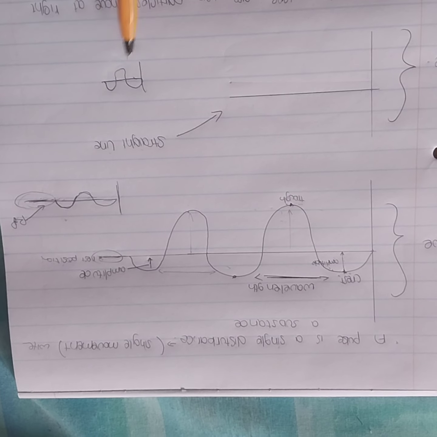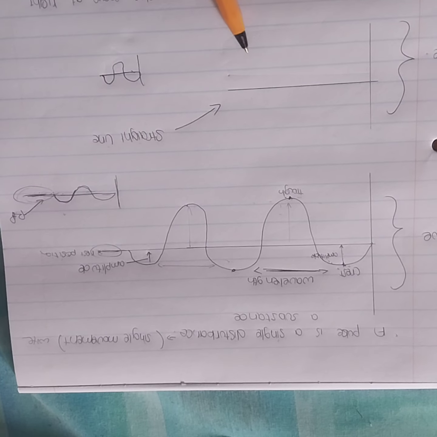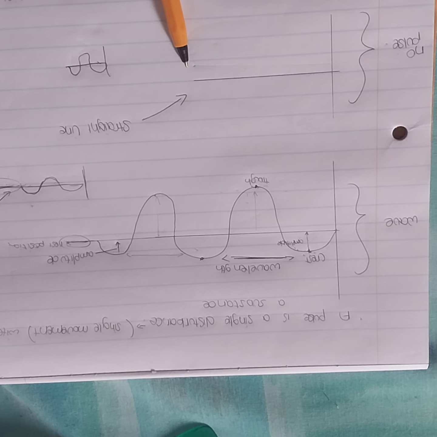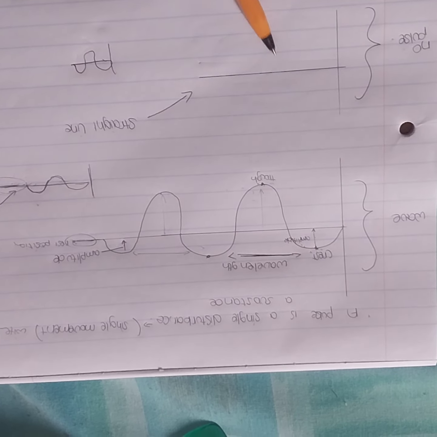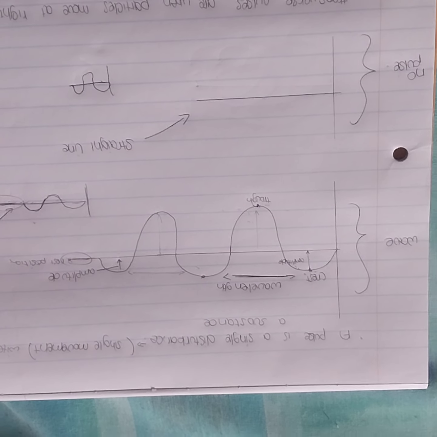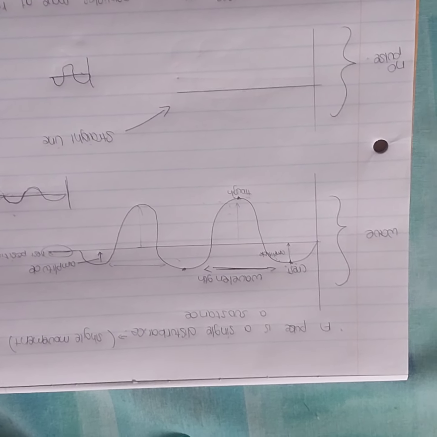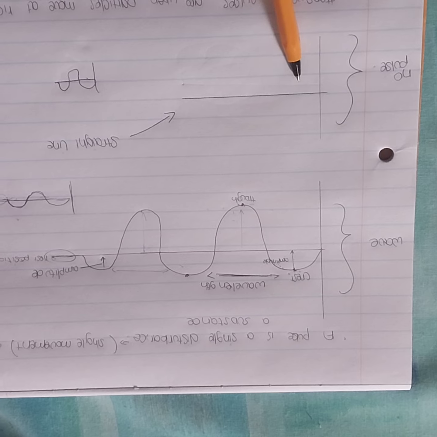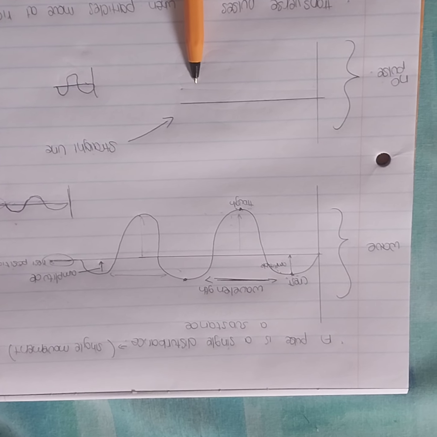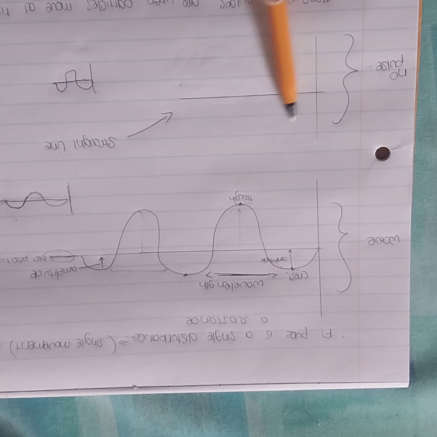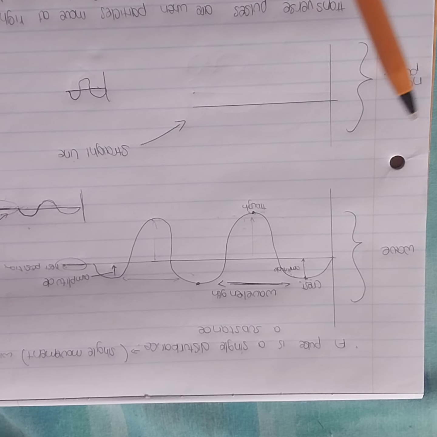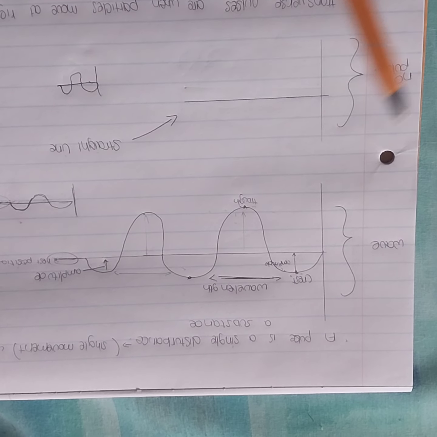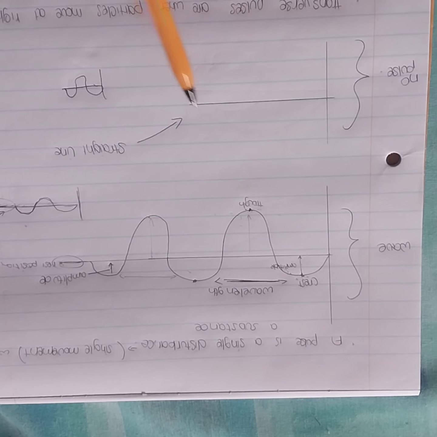So if you see pulses, you'll say a disturbance has occurred. But if you just see a straight line, you'll see nothing. It means there's no disturbance, no action occurring. Think of a single disturbance as an action. If there is no action, there's no drama. So this line means nothing is happening, there's no disturbance, no pulses. But if a single disturbance occurs, then this is what you will see here.